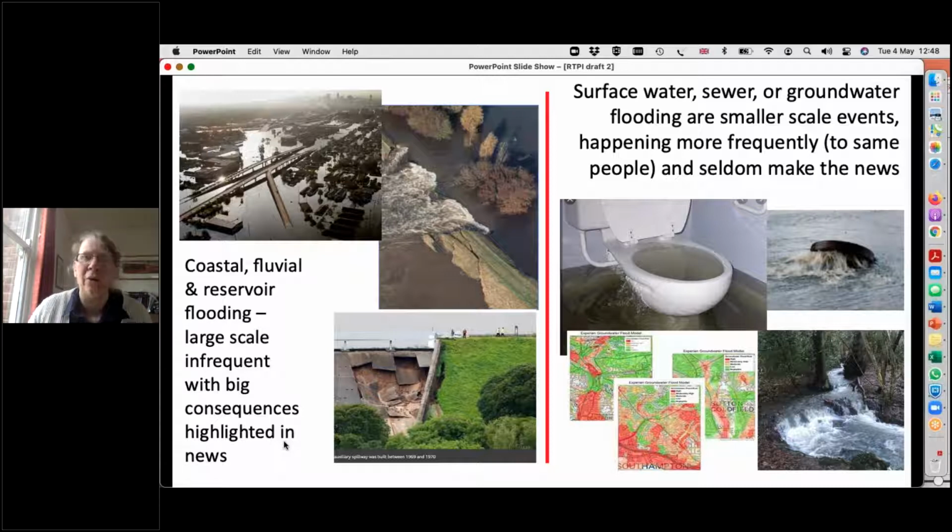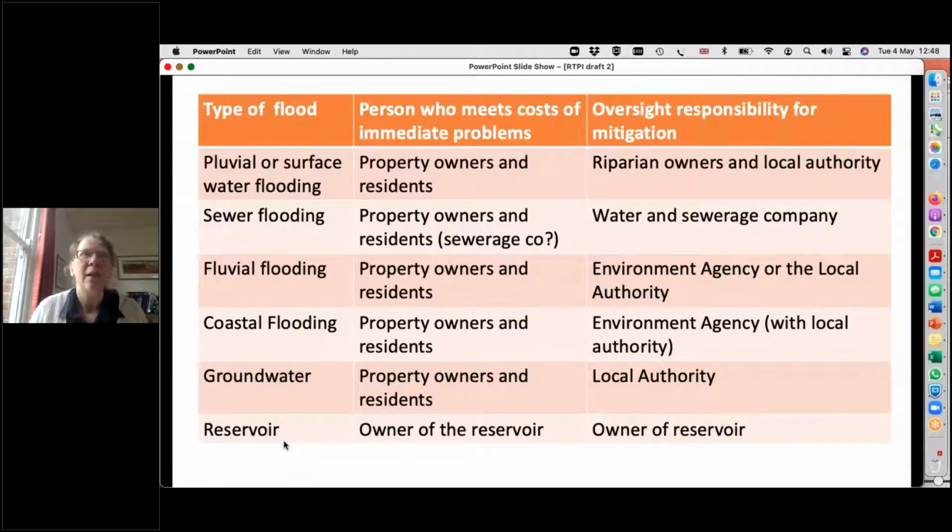Now, the key point about these different forms of flooding that fits in with flood defence really is, firstly, that in all cases, the property owner and residents have to deal with the flood.